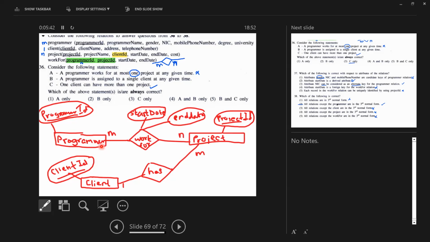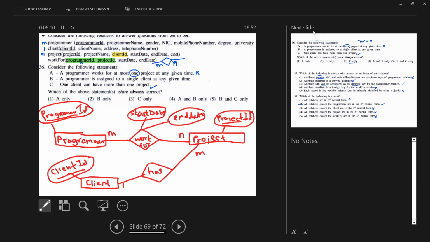There's no such kind of relationship between program and the client. Therefore, we can't take B as the answer. C, one client may have more than one project. Yes, it can be. Therefore, the final answer C is the correct one. So answer 3 is the answer.